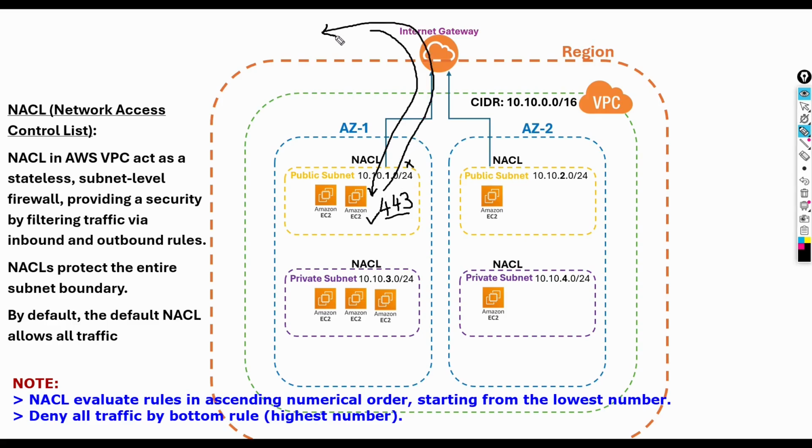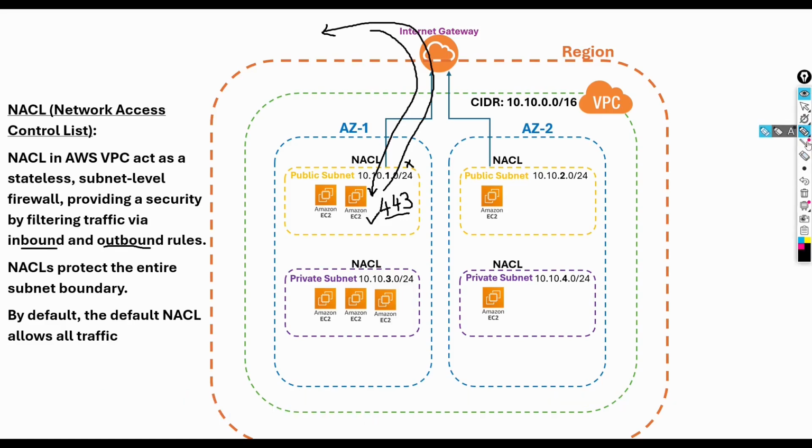So let's say any URL or any website that the server needs to access, then we need to put an outbound direction rule as well to allow the traffic over the internet. So basically, NACL filters the traffic via inbound and outbound rules. I hope you understand so far.